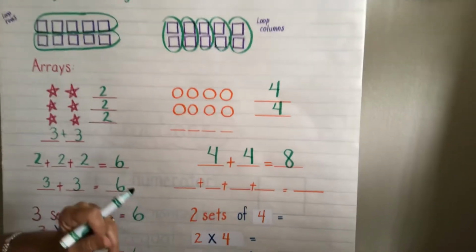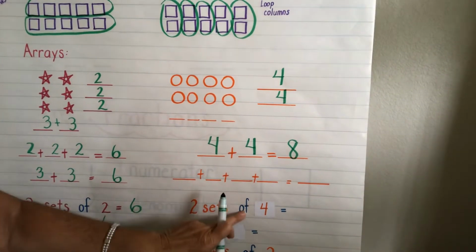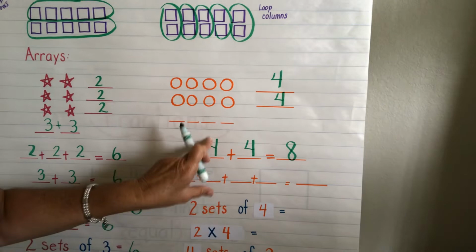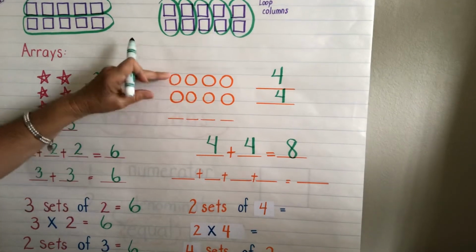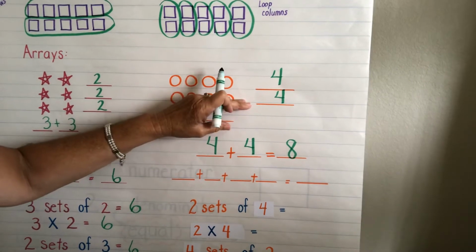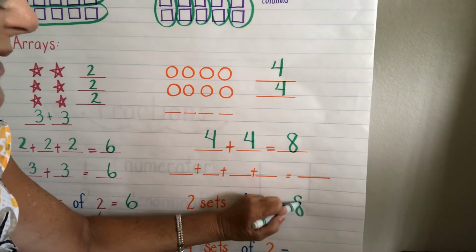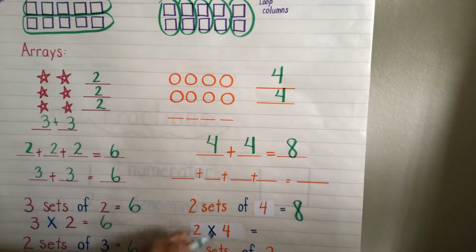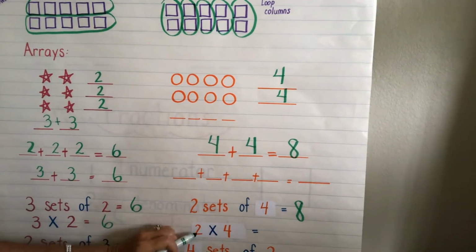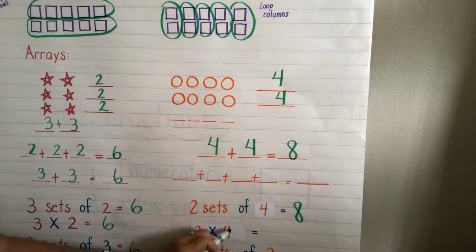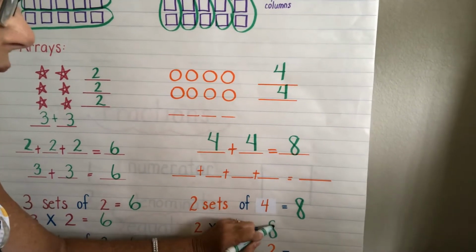And you know what? I've got 2 sets of 4. I see it up here too. 2 sets of 4. I know that equals 8. Remember, the word of means multiply. So I can take my 2 sets times 4 and it equals 8.